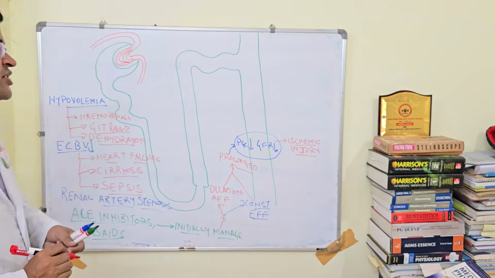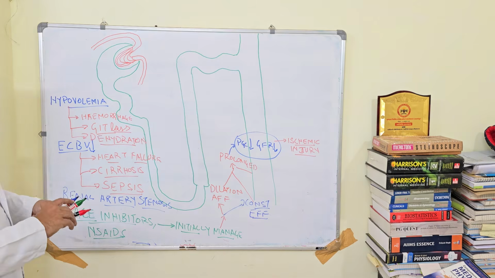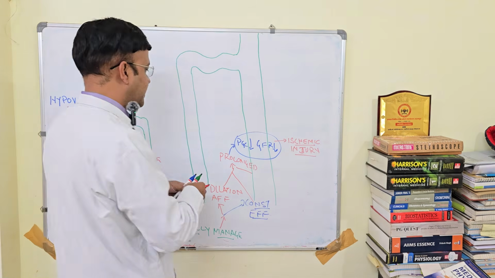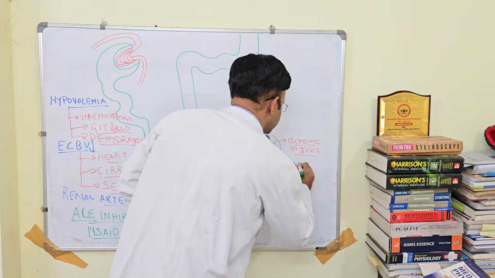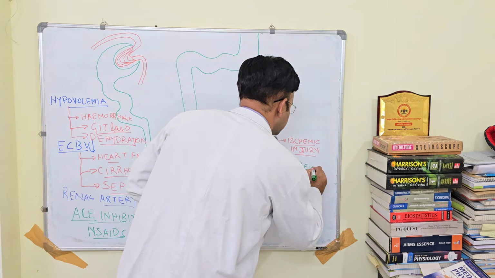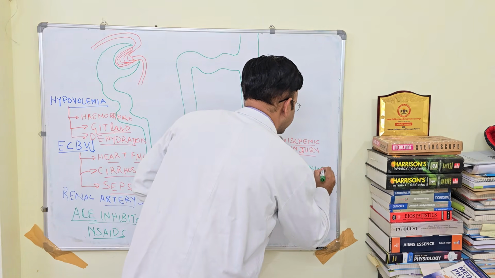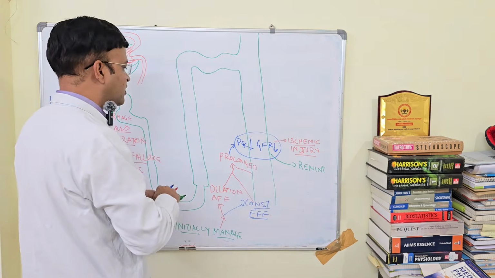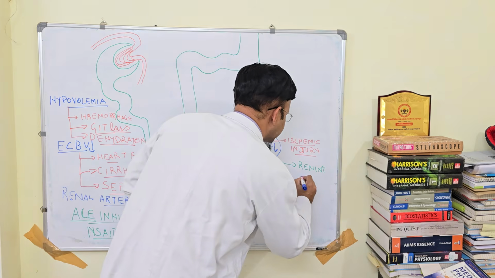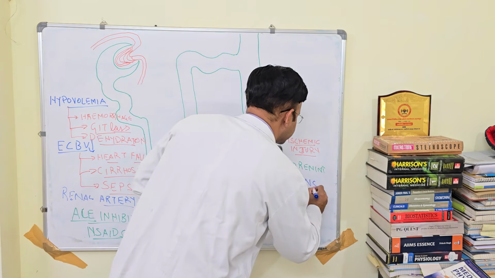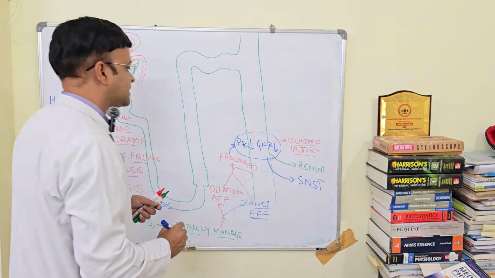Apart from that, what can less GFR lead to? It can stimulate your renin system, right? The renin system will get stimulated. Less GFR can also stimulate your sympathetic nervous system, SNS, in short form I will write, right?